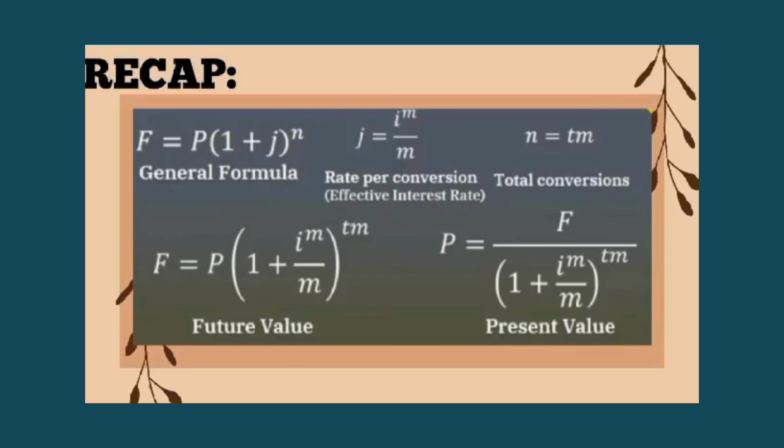The future value formula is F is equal to P open parenthesis 1 plus IM over M close parenthesis to the power of TM. And lastly, the present value formula, which is P is equal to F over open parenthesis 1 plus IM over M close parenthesis to the power of TM.